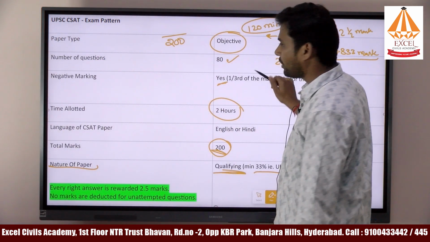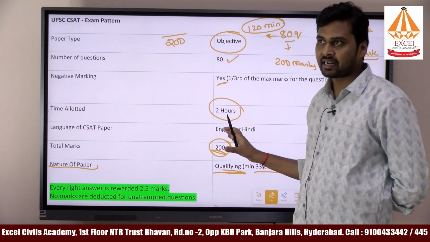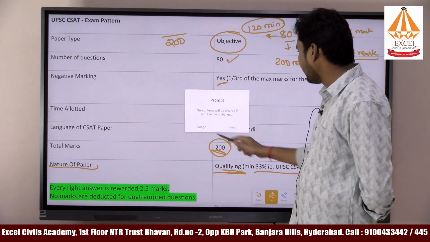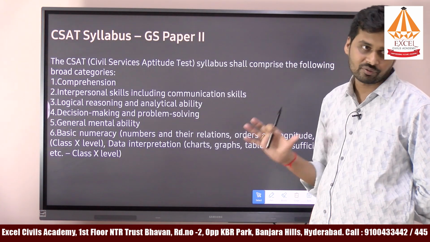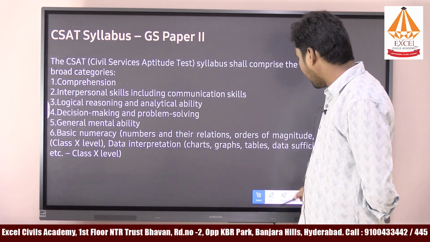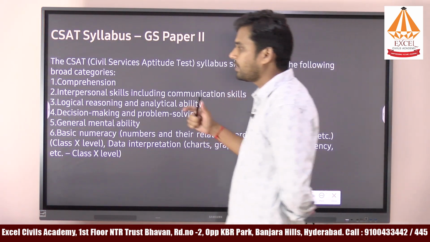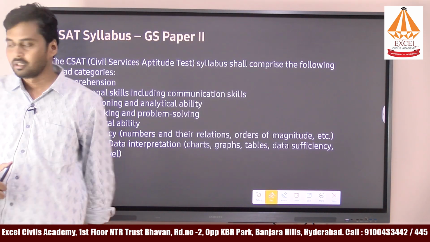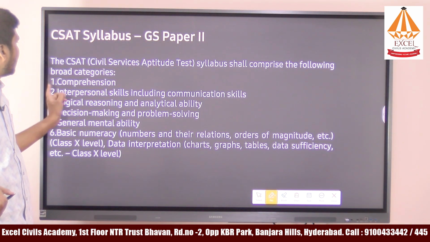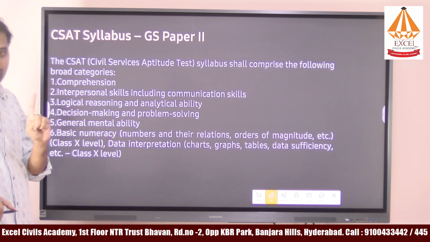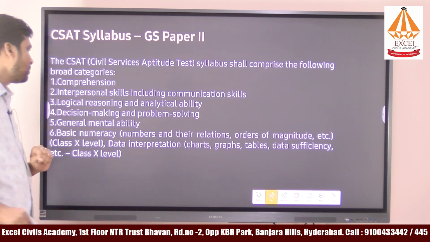So after knowing the pattern of this CSAT, let's look at the different subjects we have. What is the syllabus for the CSAT? Officially UPSC has given the syllabus like this. The CSAT syllabus shall comprise the following broad categories. First one is comprehension, which means reading comprehension.